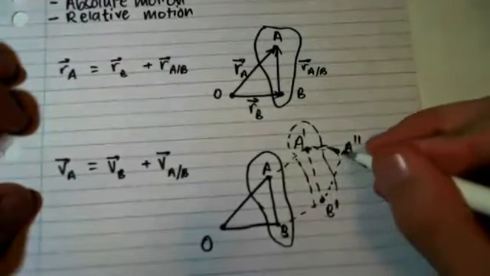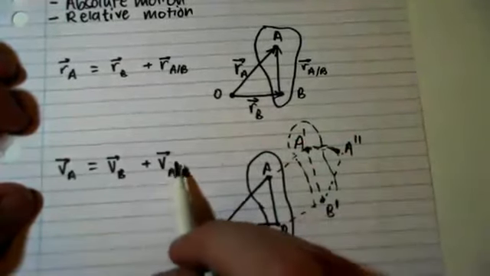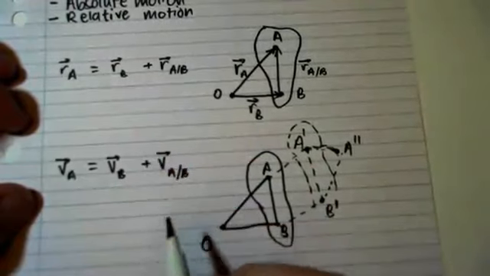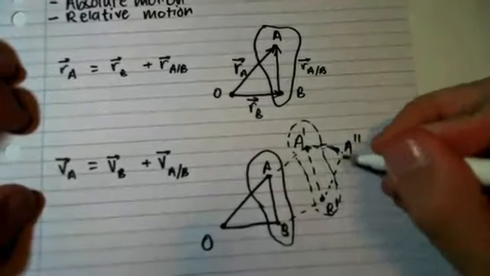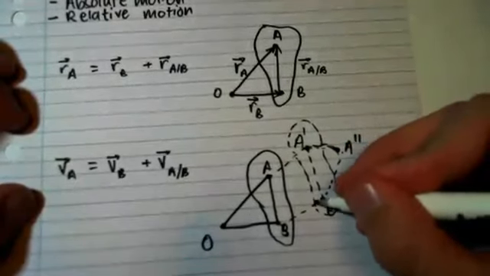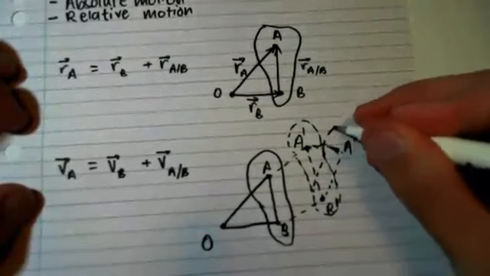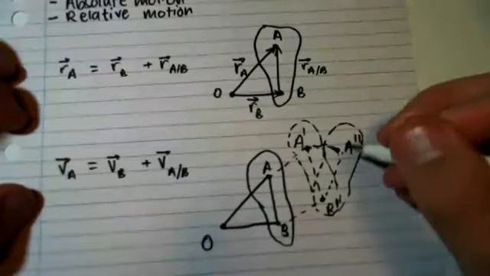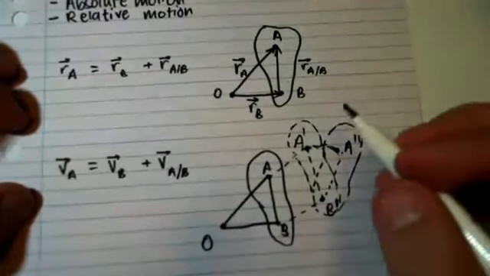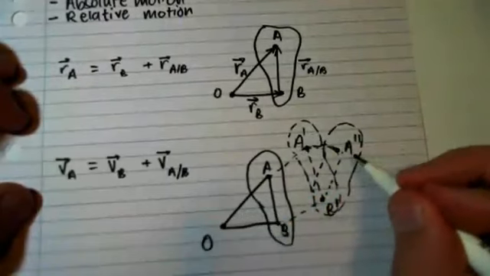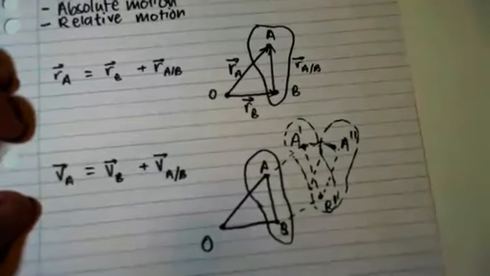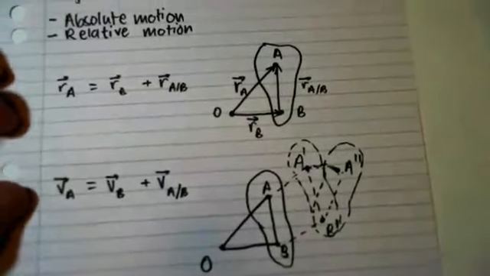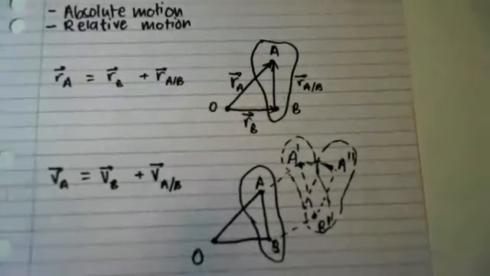So the rotational part represents the relative position change. If this was our body, we'd get the rigid body facing like so. So it would translate to here and then rotate like so. That would be general plane motion, a combination of translation and rotation, like we were talking about in the initial introduction video.